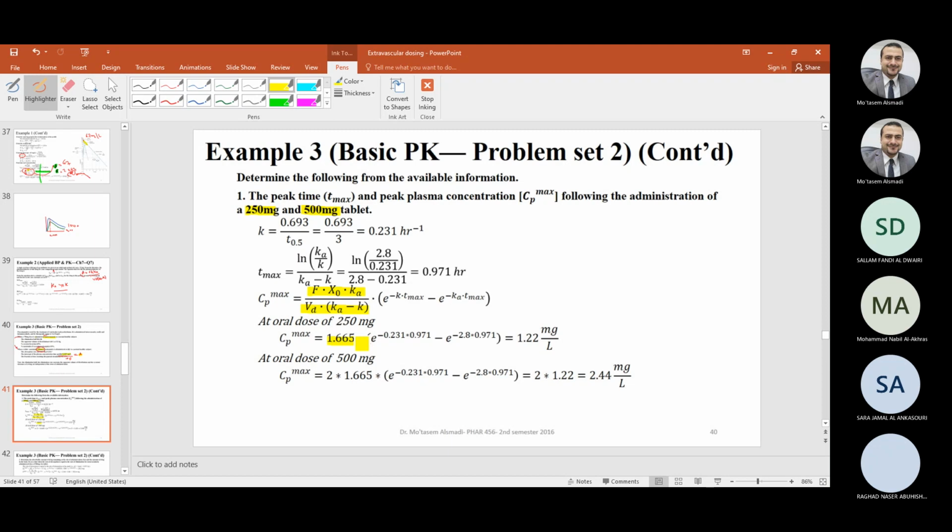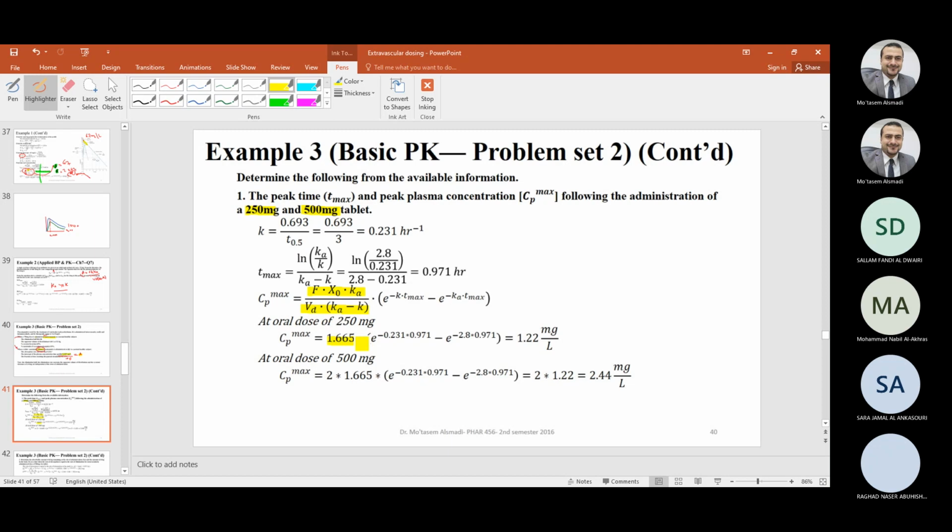And we know that the K is equal to 0.231, and the T max we calculated to be 0.971, right? And we know that the Ka is equal to 2.8 per hour. Again, the T max is equal to 0.971. So the CP max at the dose of 250 milligrams is equal to 1.22, right?